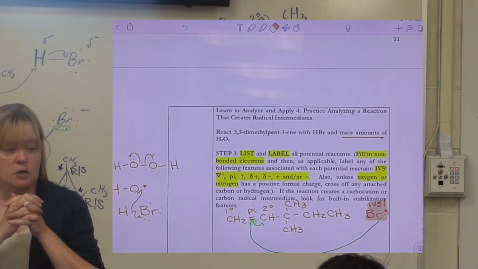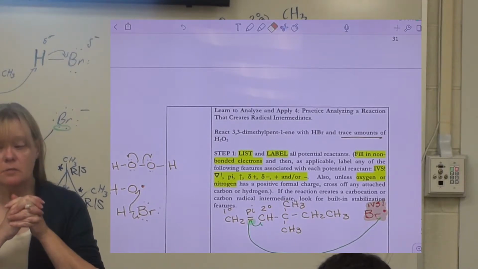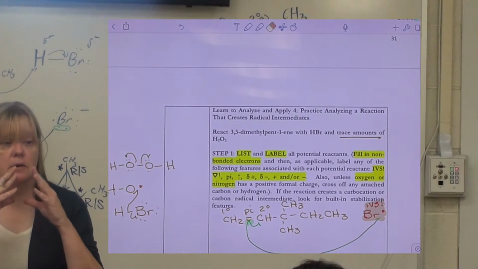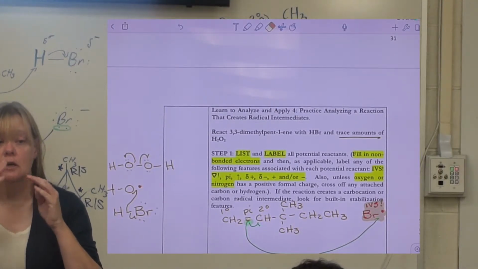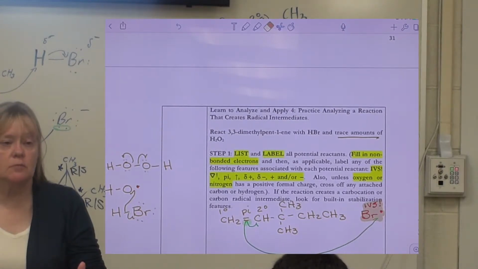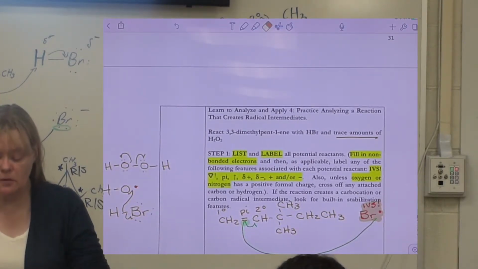I'm going to show you the purpose of the peroxide, why it creates a bromine radical, and all the steps involved in that. But if that makes your head hurt, just remember that the peroxide is used to create a bromine radical, and that will be your start point. But it's best if you can understand where it came from in the first place, too.